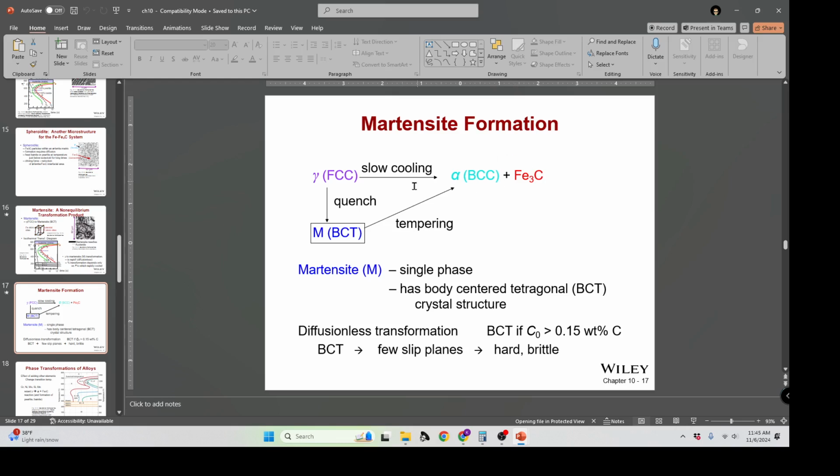So it's very brittle, very hard. There's very few slip planes, so it's very durable. So it's a lot of lack of ability to propagate faults, meaning it's more durable. It's a better cutting edge.